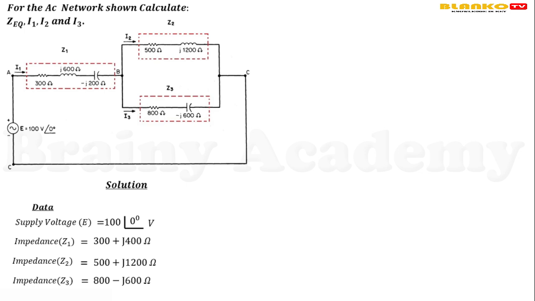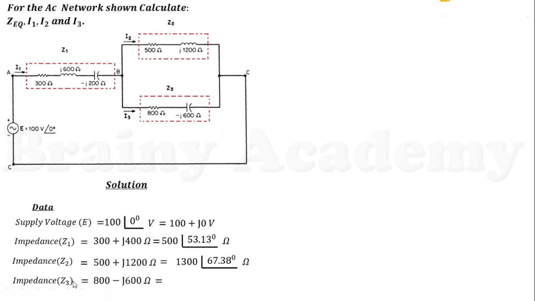Let's convert 100 angle 0 degrees into rectangular, and that gives us 100 plus J0 volts. Converting Z1, which is 300 plus J400 ohms, into polar gives 500 angle 53.13 degrees. Converting Z2, which is 500 plus J1200, into polar gives 1300 angle 57.38 degrees.